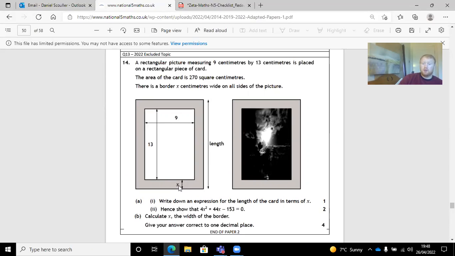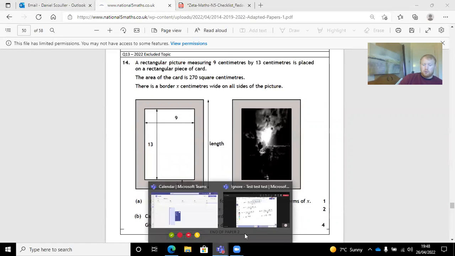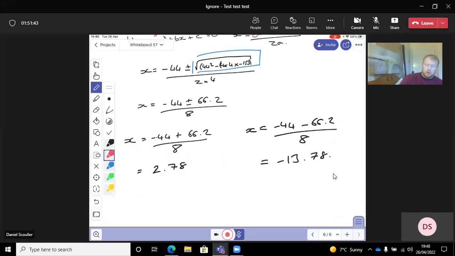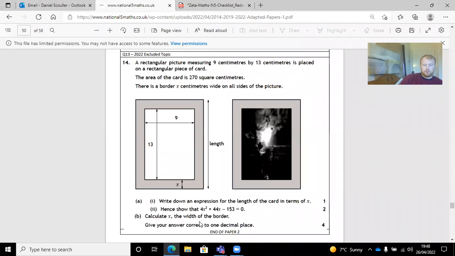There's something there, so it has to be positive. So if we look at the two solutions, then that rules that out. X has to be 2.78. Remember the units. To 1 decimal place. Damn. 2.8 centimeters.